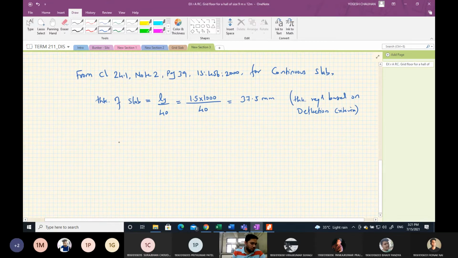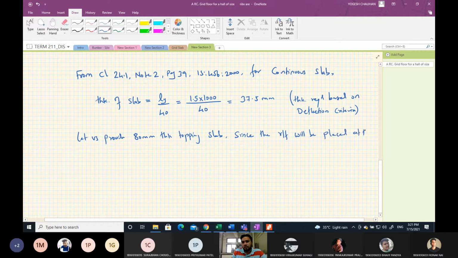So let us provide an 80 mm thick topping slab, since the reinforcement will be placed at the center. So we have the thickness now.